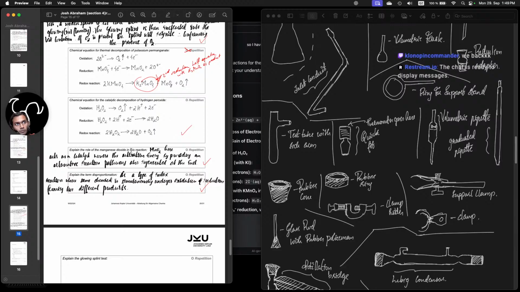Explain the role of manganese dioxide in this reaction. Manganese dioxide acts as a catalyst, lowering the activation energy by providing an alternative reaction pathway, and it is regenerated at the end.